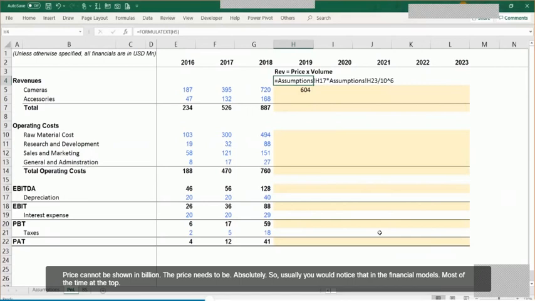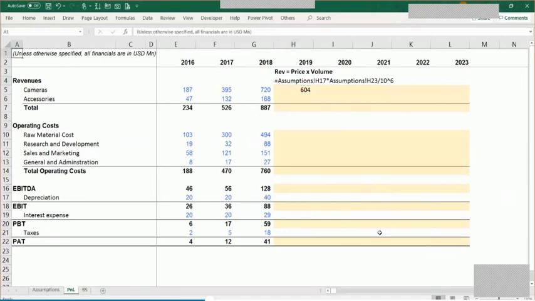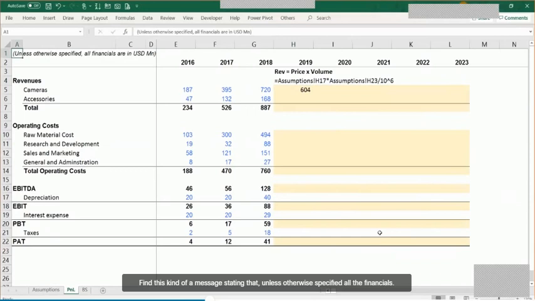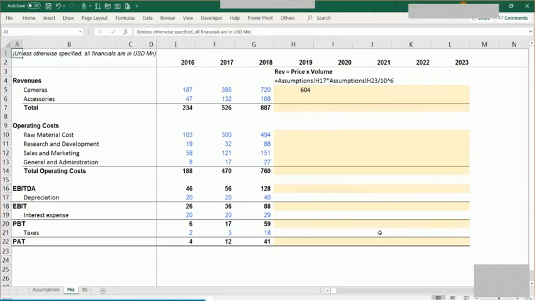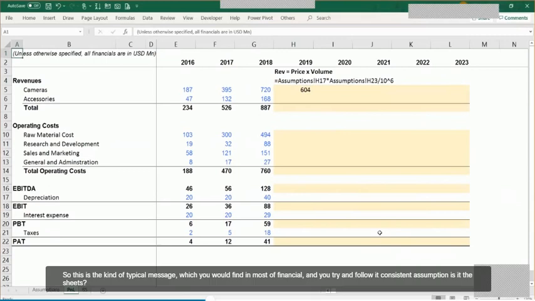Usually you would notice that in financial models, most of the time at the top itself, you would find a message stating that unless otherwise specified, all the financials are in such and such currency and unit. Like in this case, we have USD million. This is the kind of typical message which you would find in most financial models, and you try and follow it consistently.